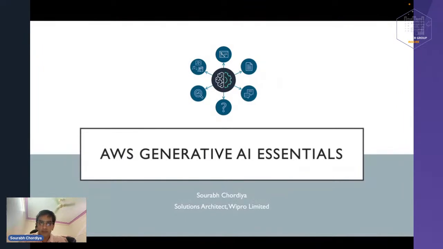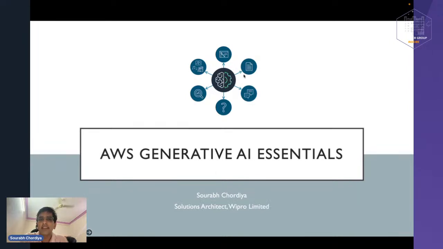Yeah. So what is AWS generative AI? To understand this, first we need to understand what is AI and what is generative AI in the first place, right? So you see a diagram or an image that I have taken from the AWS content itself, which basically is a very brief view of what generative AI is all about, right?